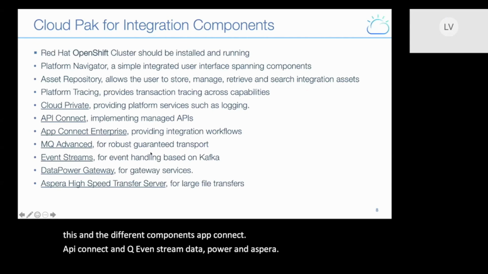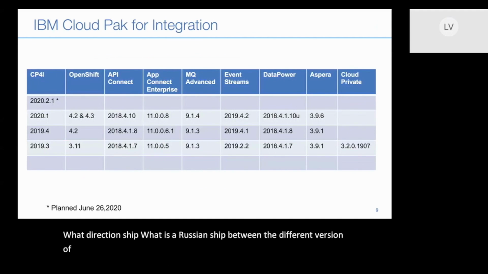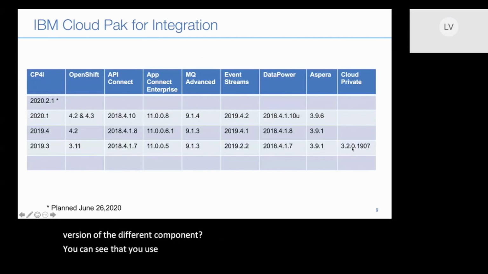What is the relationship between the different versions of the different components? You can see that you use Cloud Private, or IBM Cloud Private, only for the version 2019.3. That's a historical framework, I would say.